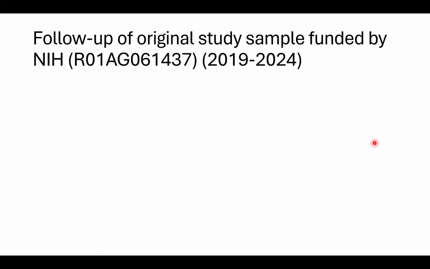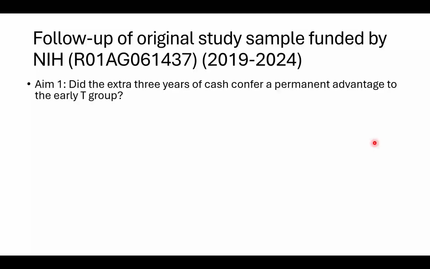Okay, that was all the background. Now, what's the new study? So we followed up the study sample through a grant that we got from NIH, which is ending pretty soon, actually. And for the aims of the grant, I really want to talk to you about the work under this new grant.